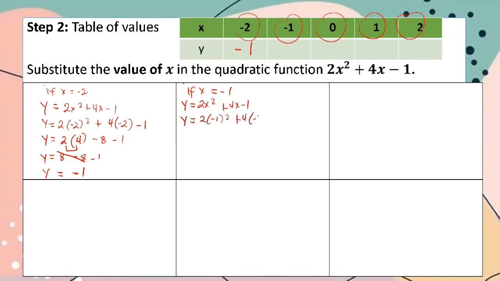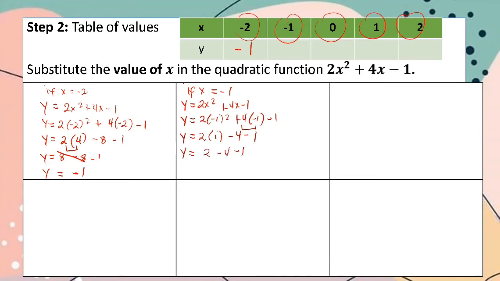So simplify. Y is equal to 2 times, so negative 1 squared is positive 1, and then positive 4 times negative 1 is negative 4 minus 1. So simplify, y is equal to 2 times 1 is 2 minus 4 minus 1.